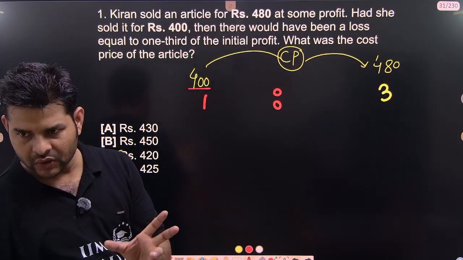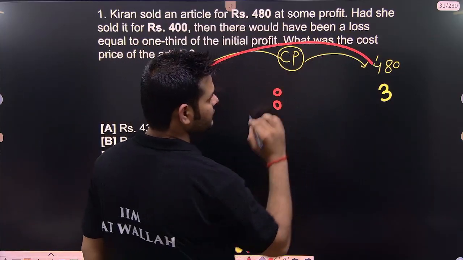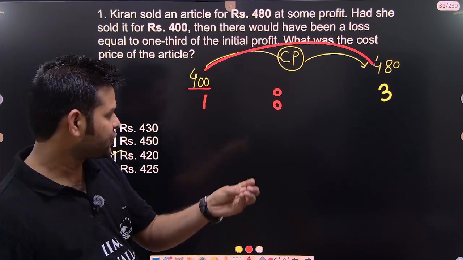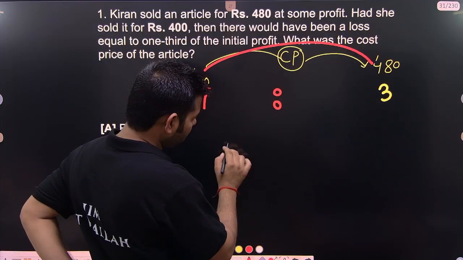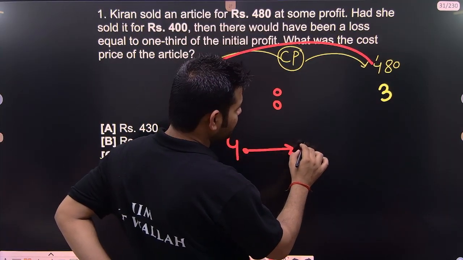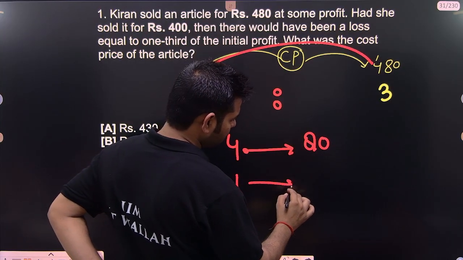Now what you need to do is take the difference from here to here in rupees, 80. Just divide 80 in the ratio 1:3. So 1 plus 3 would be 4. 4 units represent 80, 1 unit will be 20.